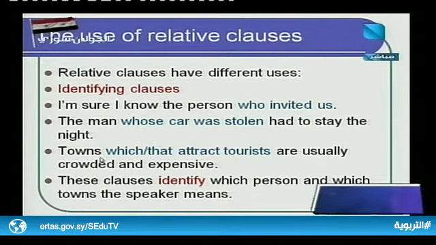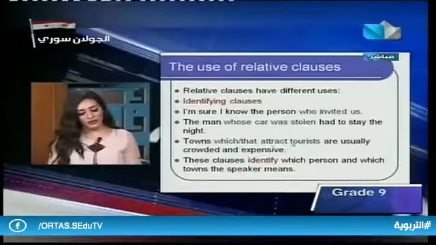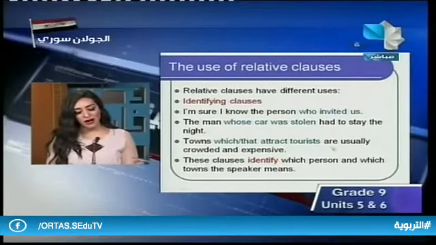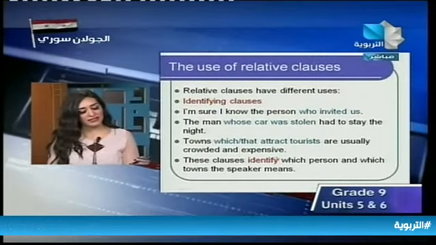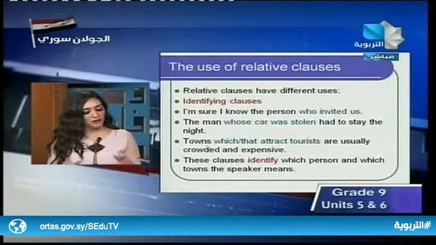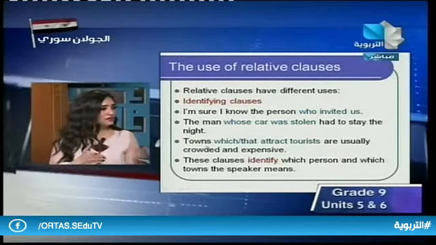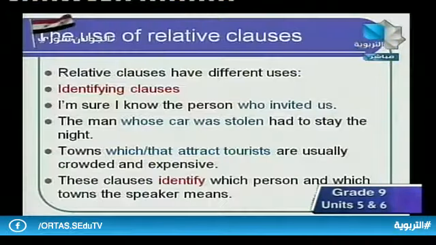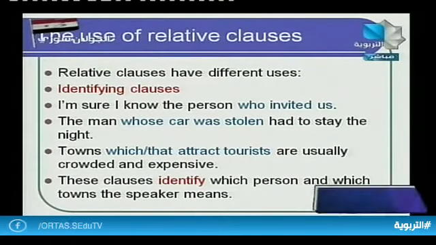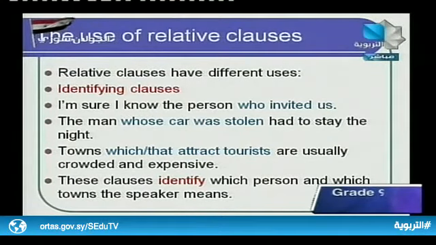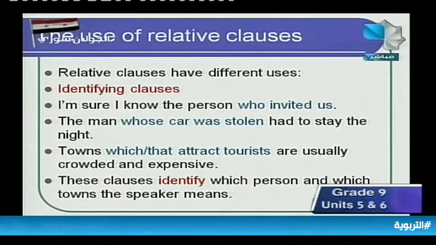Another example. Towns which or that attract tourists are usually crowded and expensive. Here we talk about a thing which is towns, and we put which or that, and we want to identify which towns attract tourists are usually crowded and expensive.